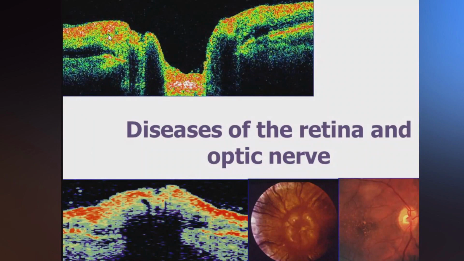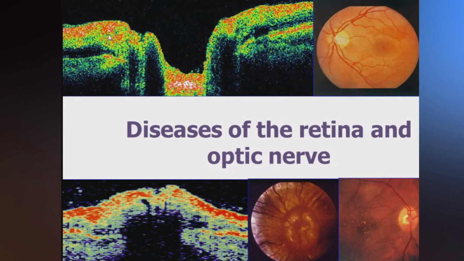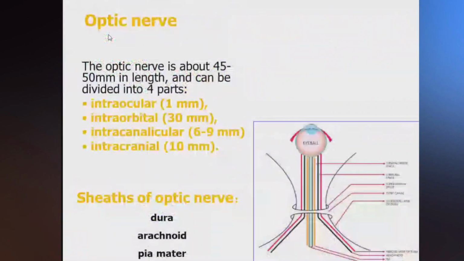Good morning, dear students. Today we should continue our ophthalmological lectures. Our topic today is diseases of the retina and optic nerve. I hope you know that the retina and optic nerve are the most important parts of the eyeball.